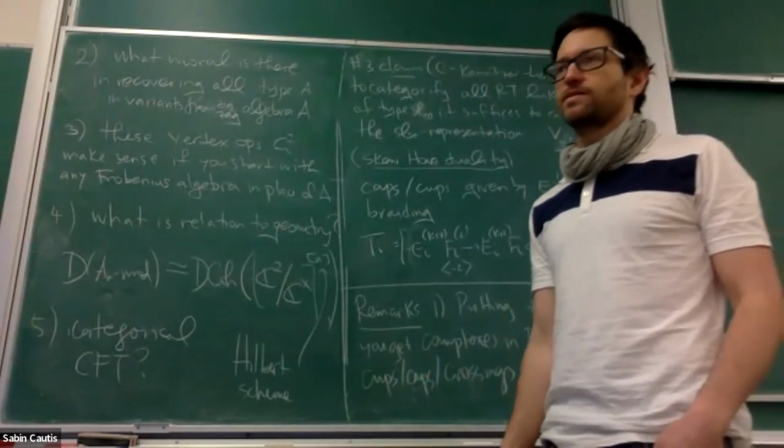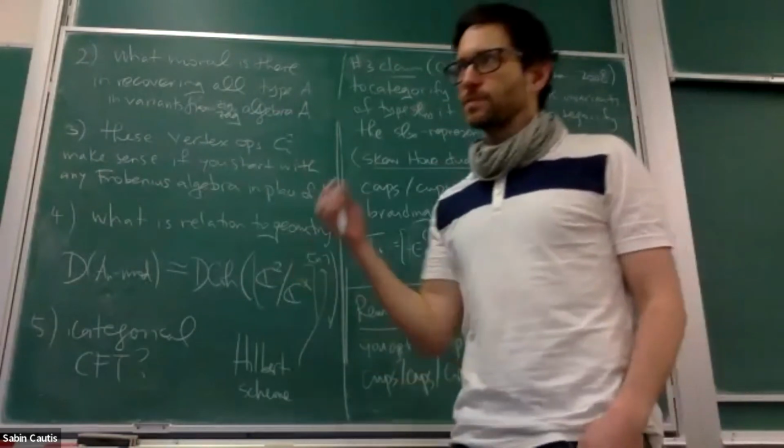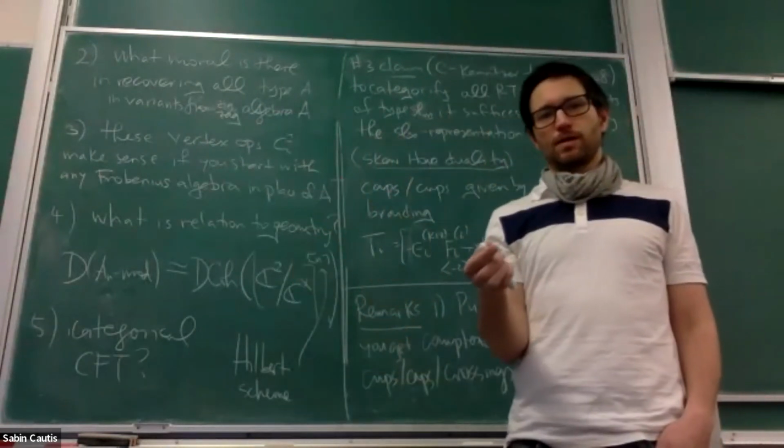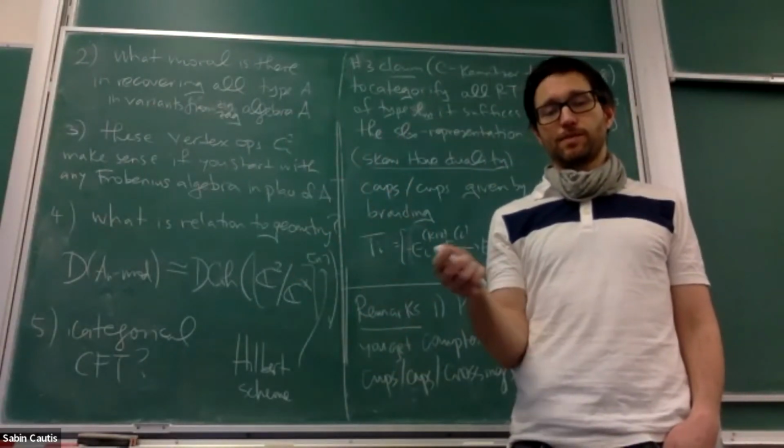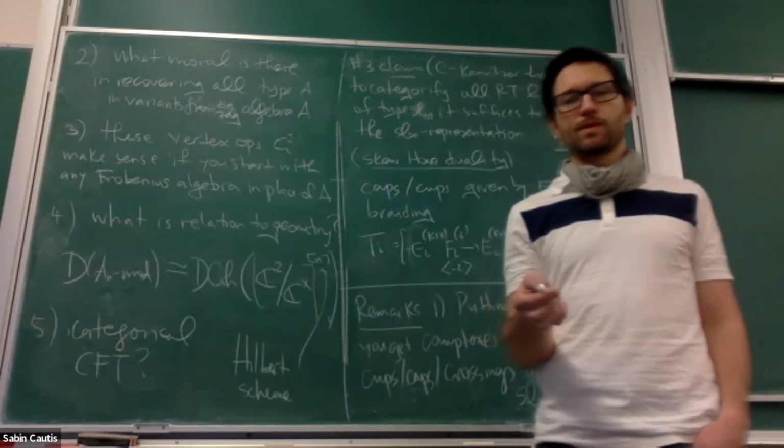So the way it would work is you would first do type A colored by fundamental weights.